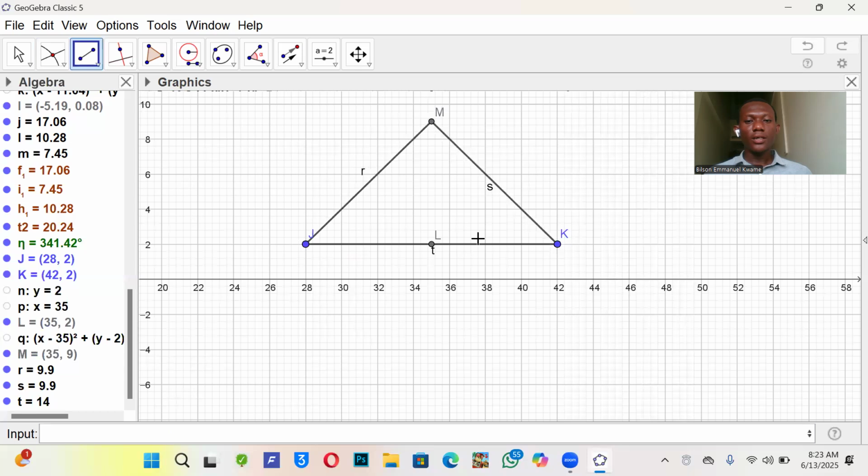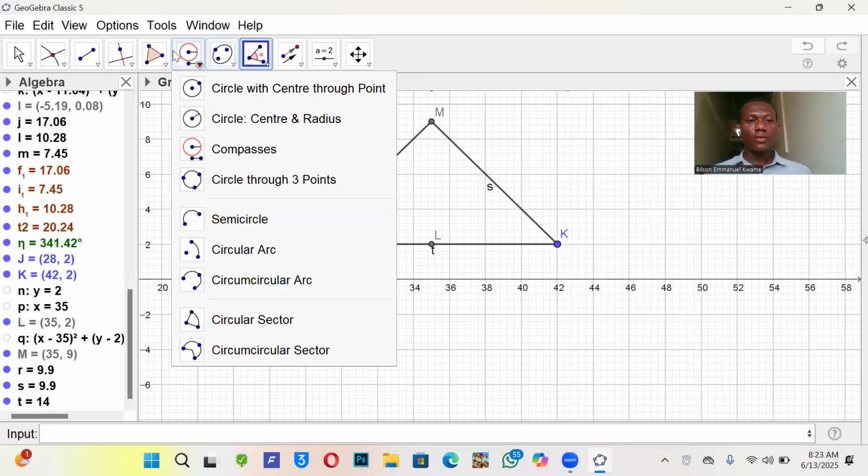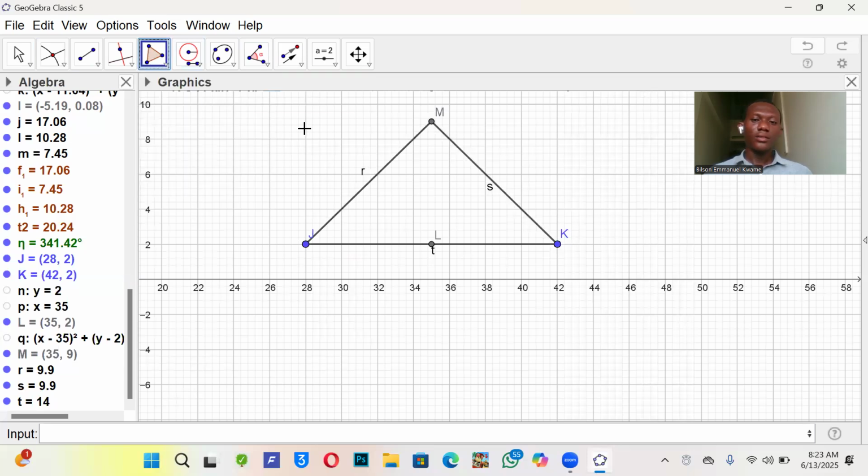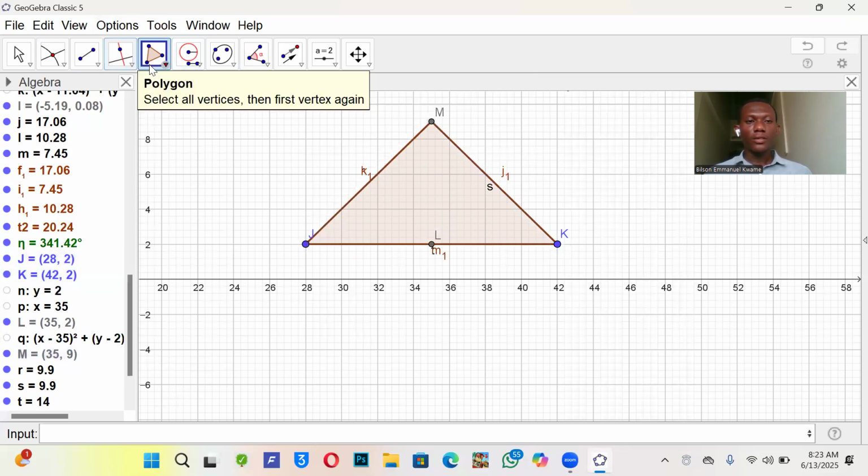So after erasing the helping lines, we want to measure to see. First of all, we have to form a polygon from this. Yeah, polygons on this.